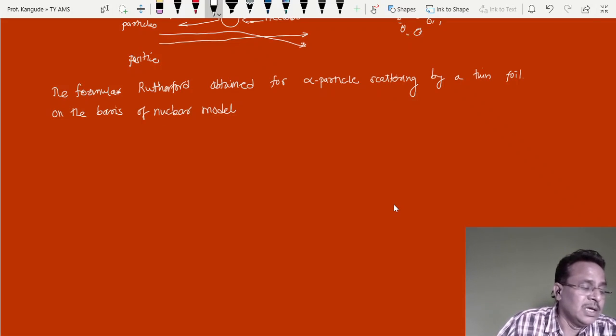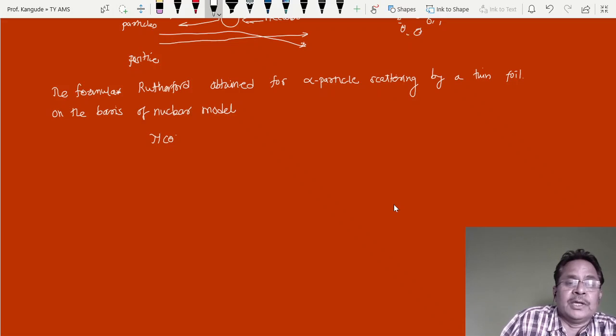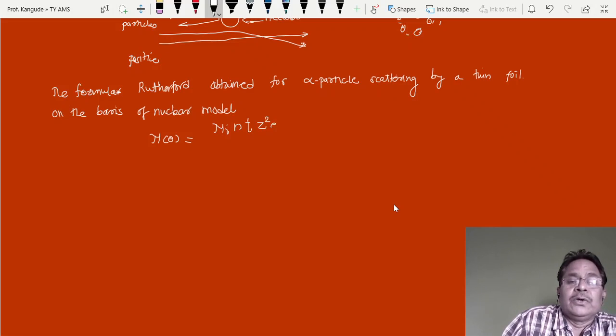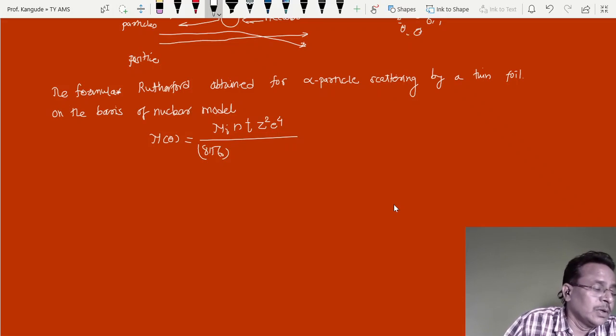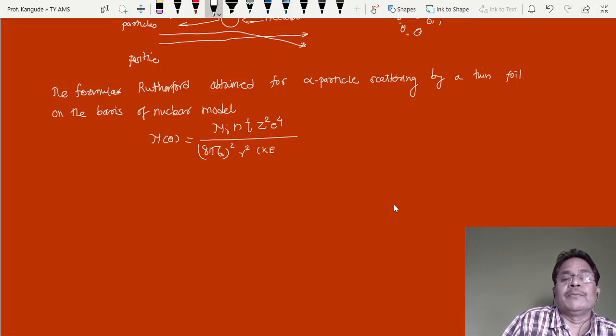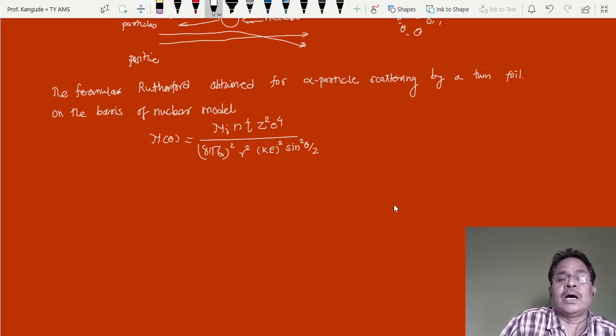We are not interested in those calculations, but he obtained this formula: N(θ) is equal to Ni times n times t, times Z squared e to the power 4, divided by (8 π ε0) squared, times r squared times KE squared, multiplied by sin to the power 4 of θ by 2.